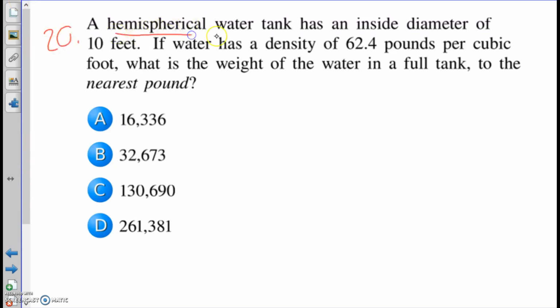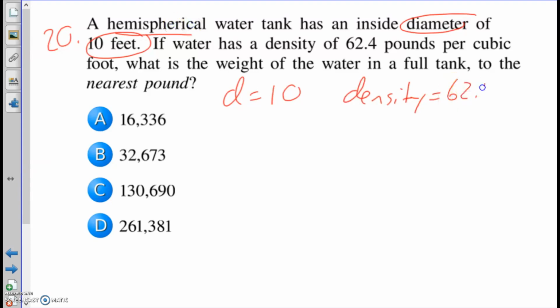Number 20. A hemisphere, half a sphere. A hemisphere tank has an inside diameter of 10 feet. If the water has a density of 62.4 pounds per cubic foot, so in the same unit there, you always want to double check that unit, make sure you don't have a conversion. What is the weight of the water in a full tank to the nearest pound?